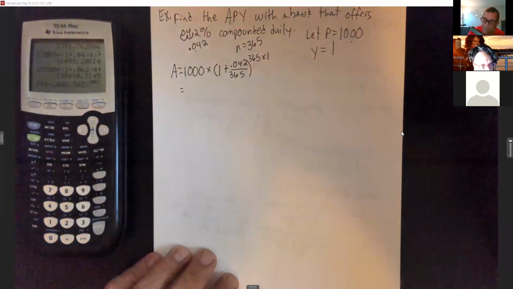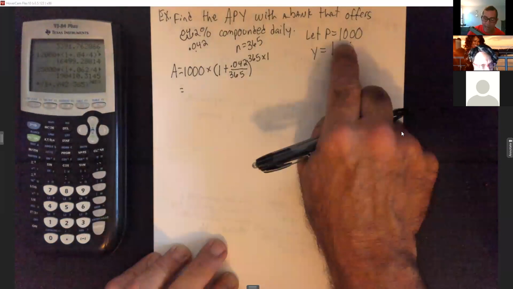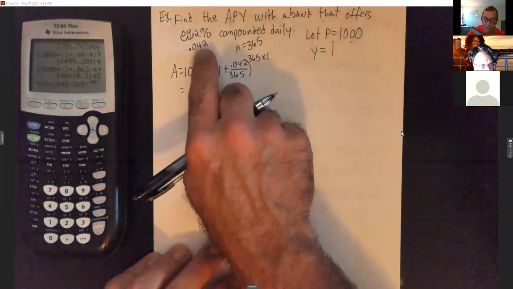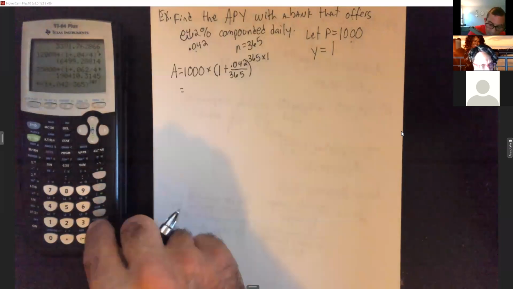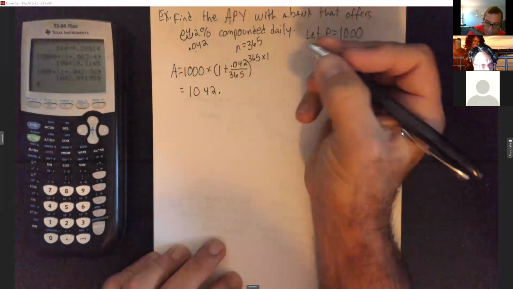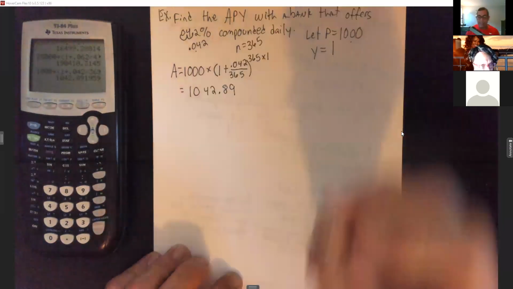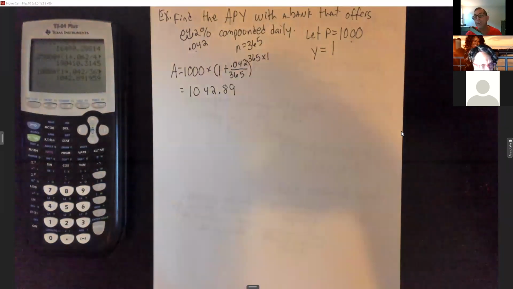So let's see what happened to our $1,000 after 1 year at an interest rate of 0.042. So I hit enter. I get $1,042, and y'all, let's call that 89 cents. So that's how much my account made in the first year.